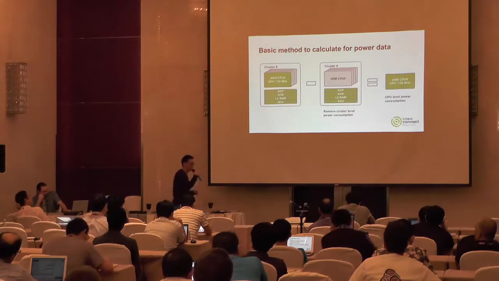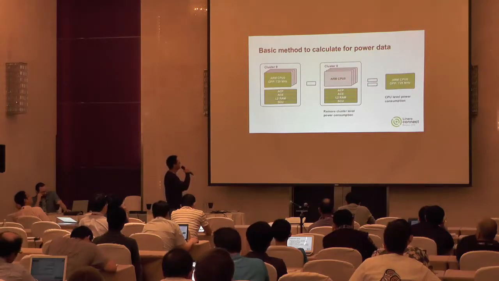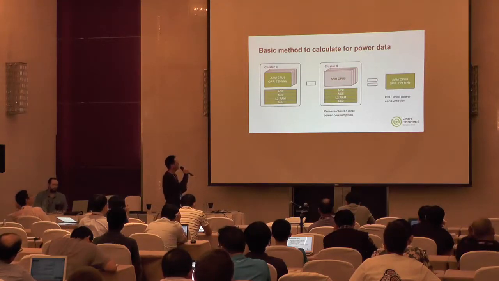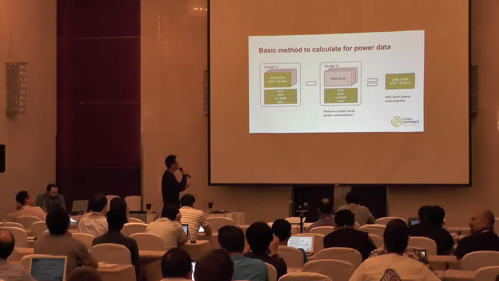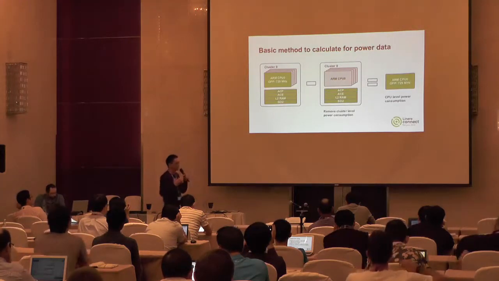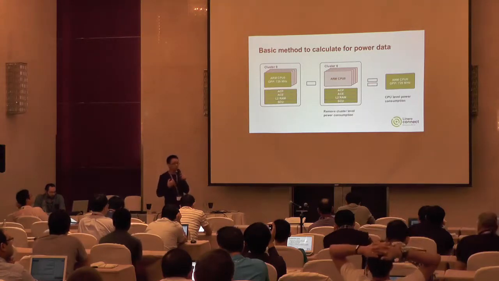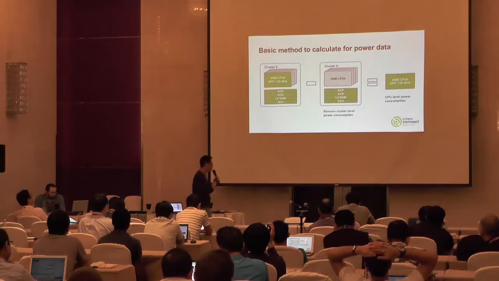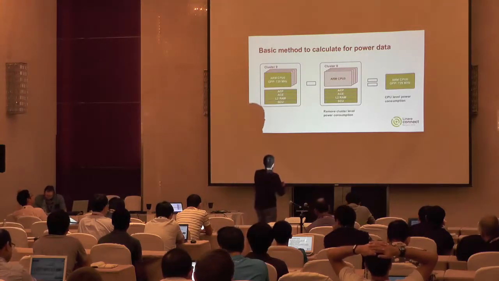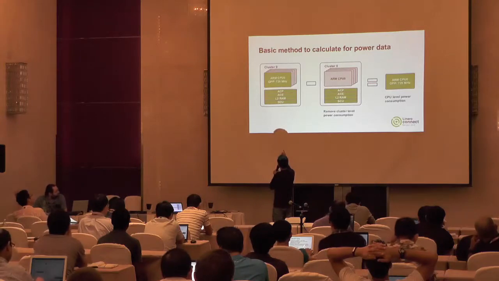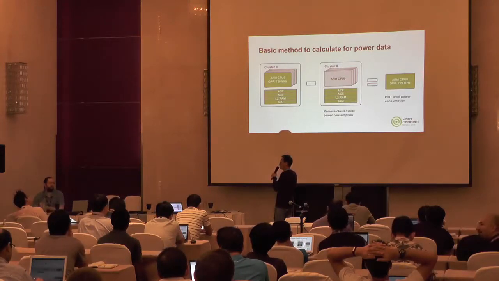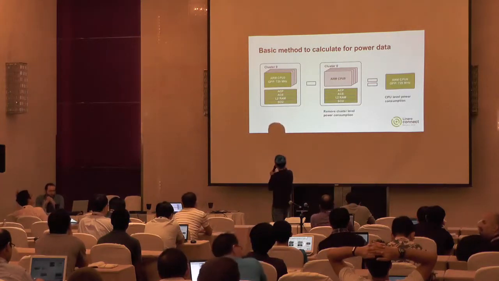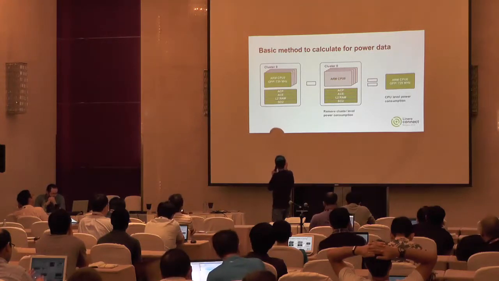So the basic method to calculate the power data is quite simple. We want to get, for example, one CPU's operating point power data. The first thing is to run the CPU at a specific operating point, for example, 729 megahertz.